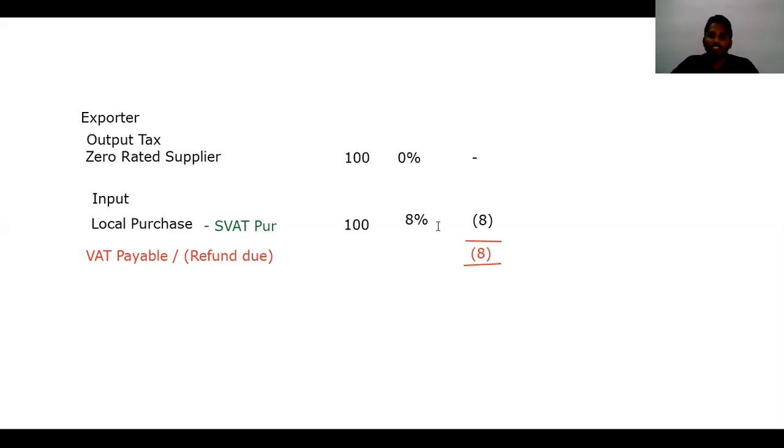They will issue a credit voucher, so there is no payment, and they will end up with 0. I just explained this to help you understand how the refund came. Let's move to the slide again.